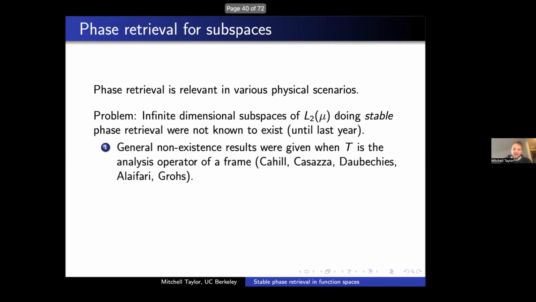And the reason is because, if you use the analysis operator of a frame, then it definitely is impossible, right? The reason this is impossible for a discrete frame should be more clear to Banach space people, because a discrete frame maps you into little l2.